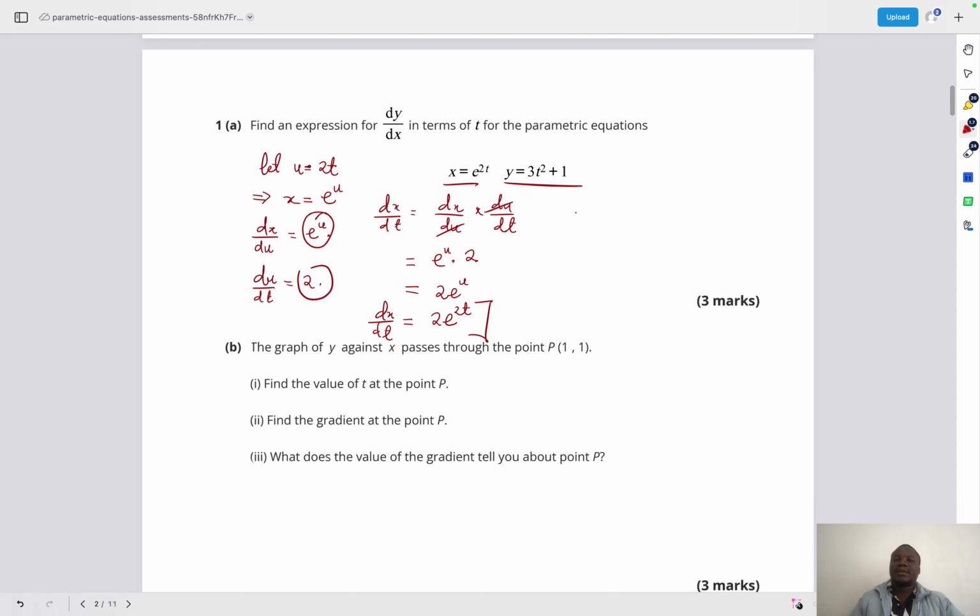Now for this second parametric equation, dy/dt is equal to 6t. Now dy/dt and dx/dt, we need to do something so that these two can give us dy/dx. In order to get dy/dx, we need to have a product of dy/dt times dt/dx.